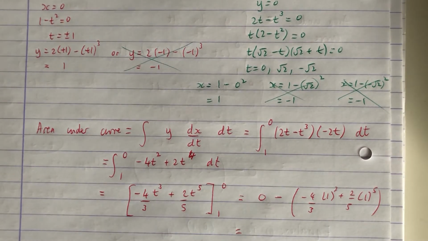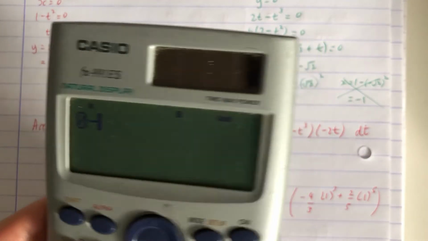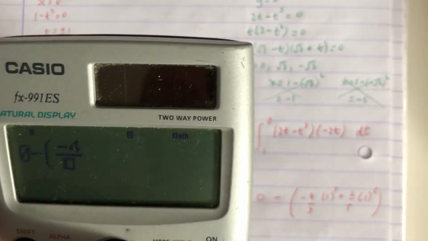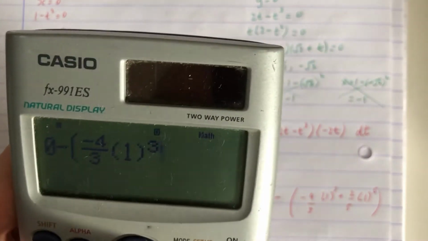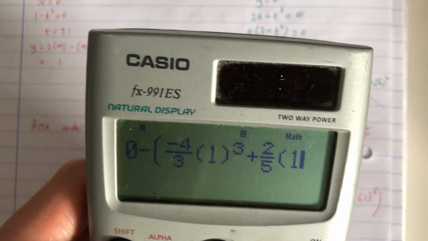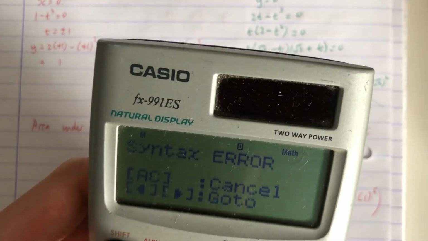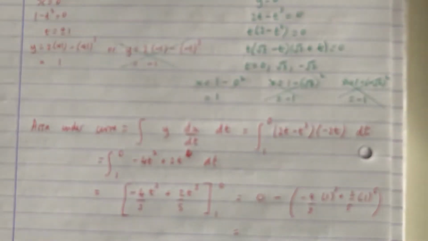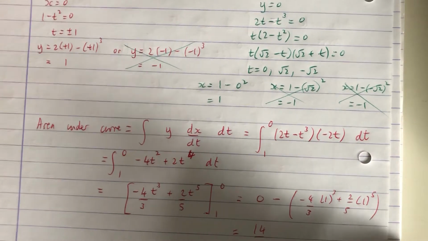If you type that into your calculator, 0 subtract that bracket, try again, there we go. 14 over 15. Well, that's different to what I got earlier, which is good news.